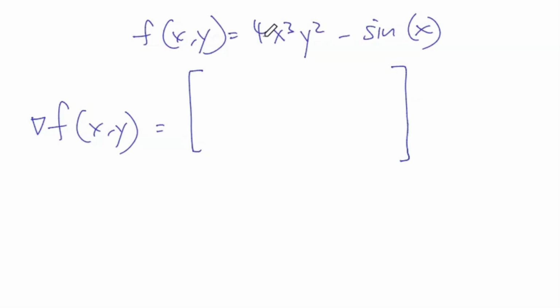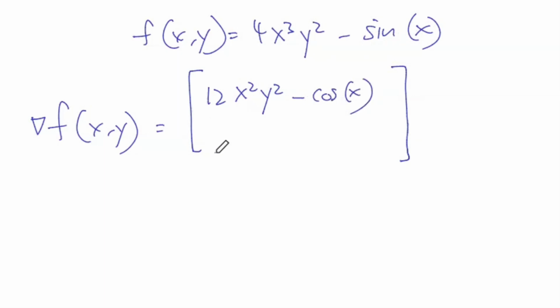So let's derive over x first. x cubed becomes x squared, and 3 times 4 gives 12, so 12 x squared y squared remains. Minus, you derive sin x, you get cos x.